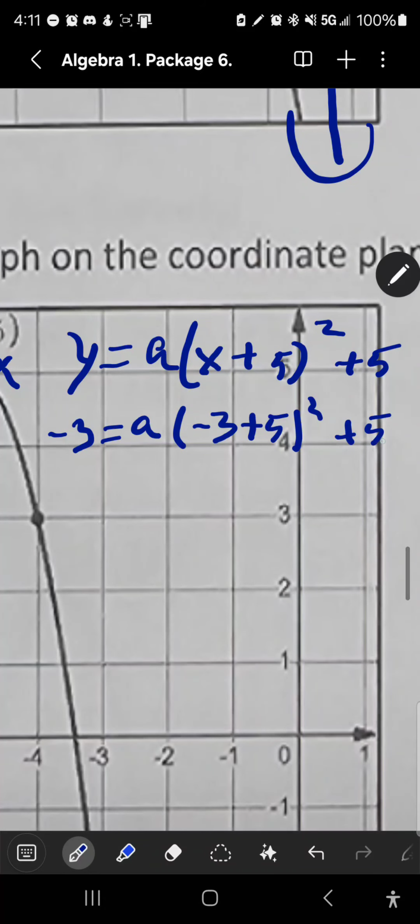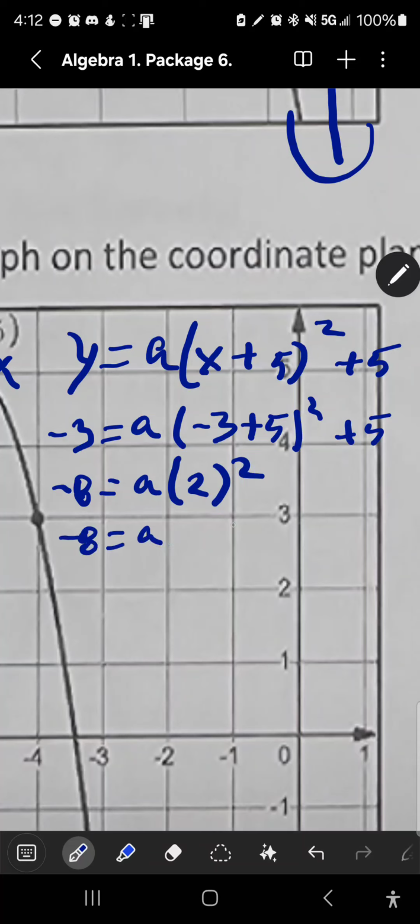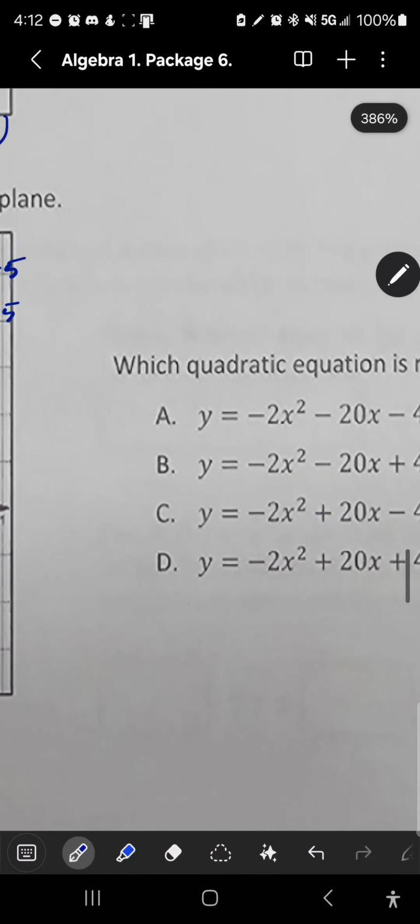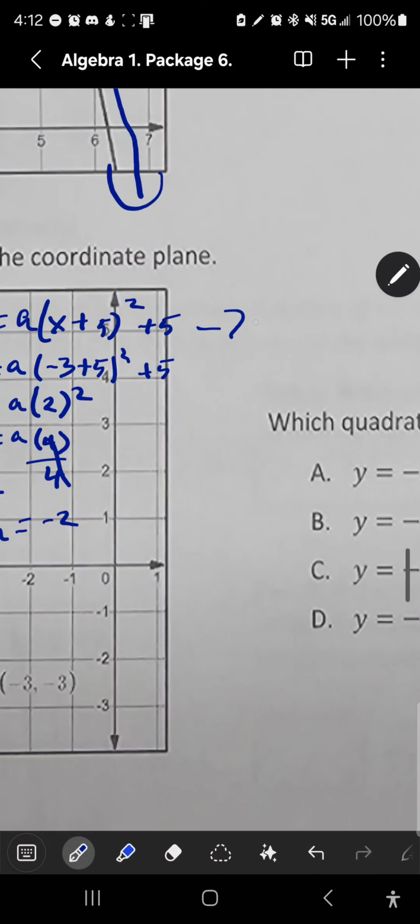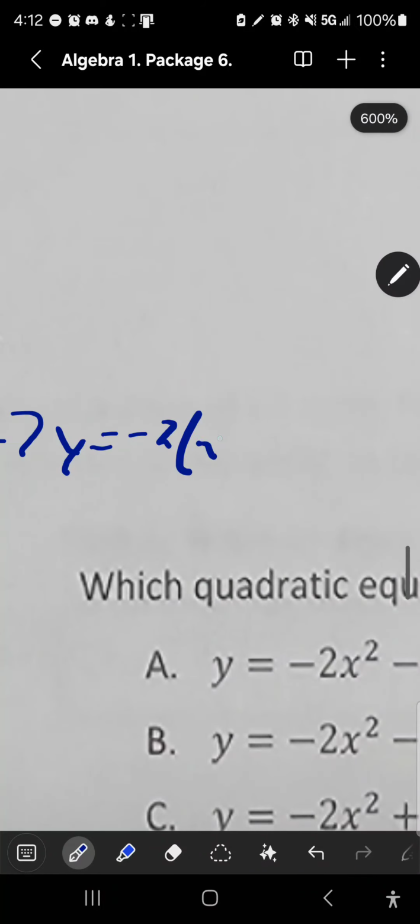So I'm going to subtract 5 from both sides, and I have negative 3 minus 5 is negative 8, equal a, negative 3 plus 5 is 2 squared, so negative 8 equal a times 4. 2 squared is 4, I divide by 4 both sides, and I have that a equal negative 2. And I have my a equal negative 2. So my equation will be y equal negative 2 times (x plus 5) squared plus 5.